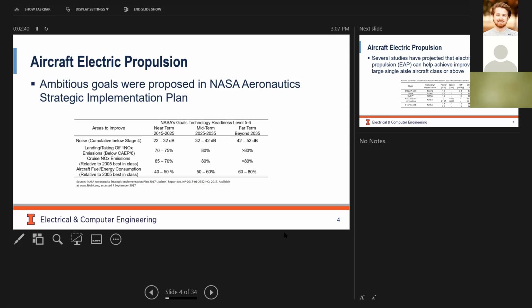You can see from near term to mid-term to far term, these goals are very aggressive. So we propose to use electric propulsion, just like what has been widely used in ground vehicles, and apply those strategies to flying airplanes.